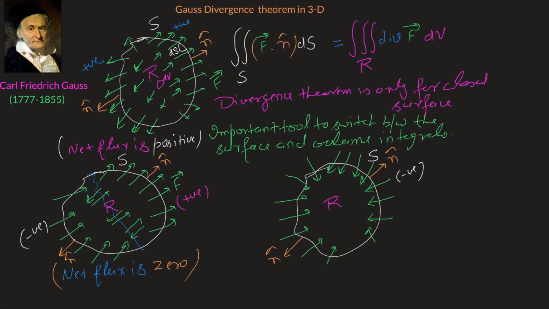In this portion also, since the normal is in this direction and the vector field is in this direction, the flux will also be negative. So negative added to negative is negative. So the net flux in this case is negative.